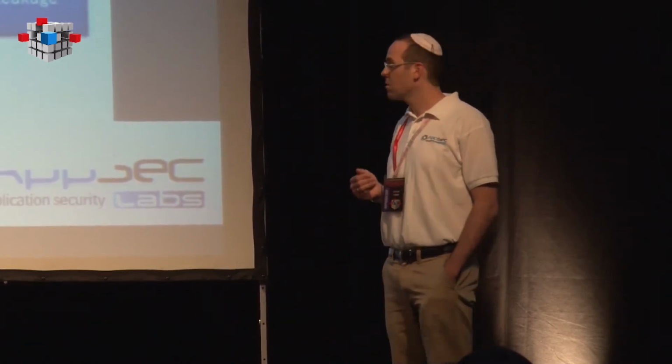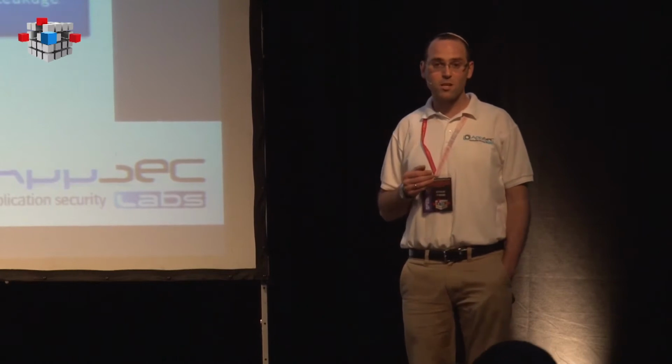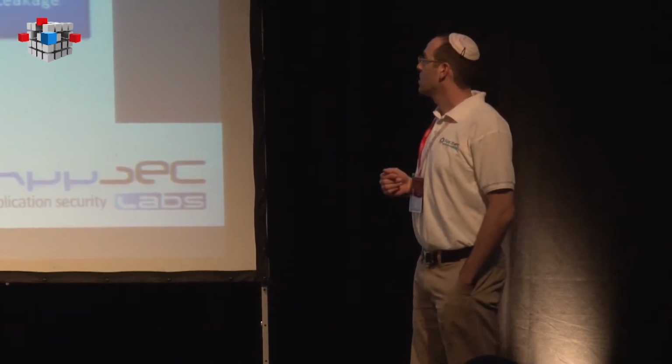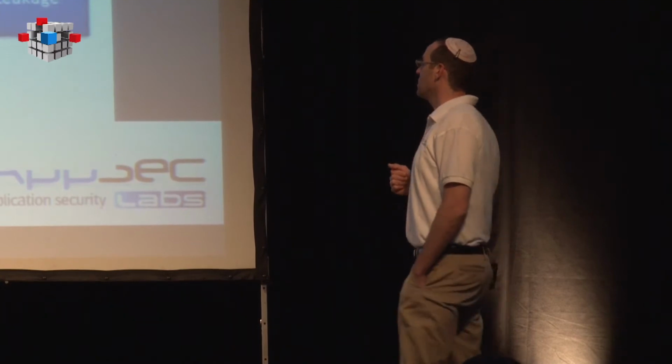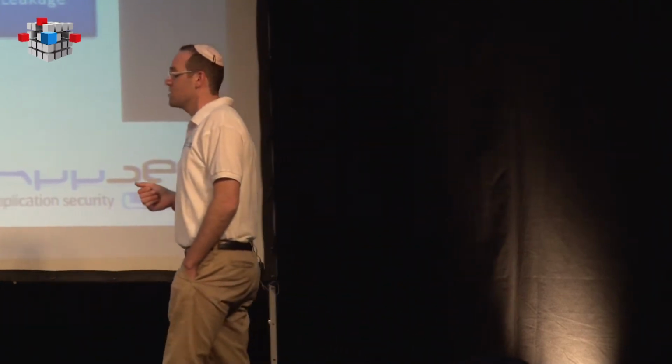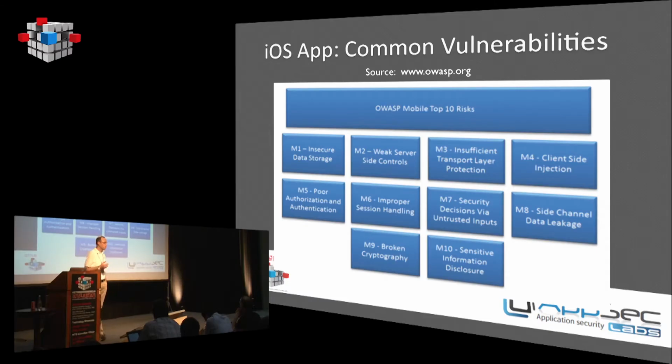The client application talks to the server, but the server doesn't perform enough authorization, authentication, and input validation checks on its input. Then there are injection attacks and security decisions via untrusted inputs, such as unsigned, unhashed, or client-side inputs.